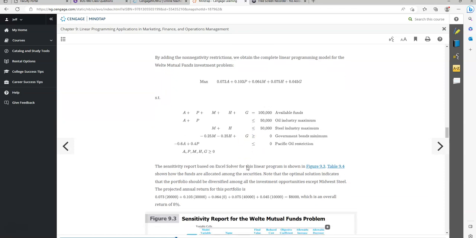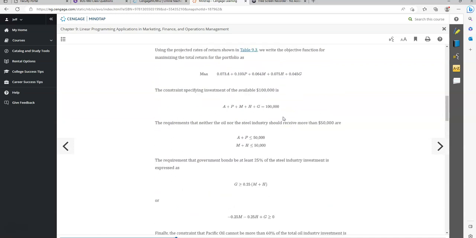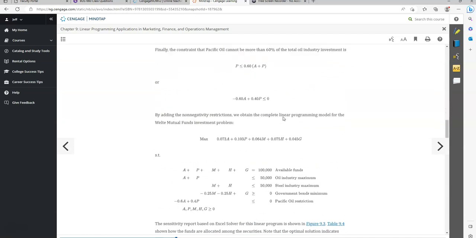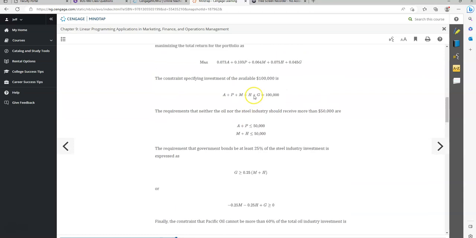You put that into Solver. It looks like it's going to be $20,000 at Atlantic, $30,000 at Pacific. Actually, none with, who is M? I forgot who M is. Midwest Steel, $40,000 with Huber Steel, and then $10,000 in, I think it was government bonds.